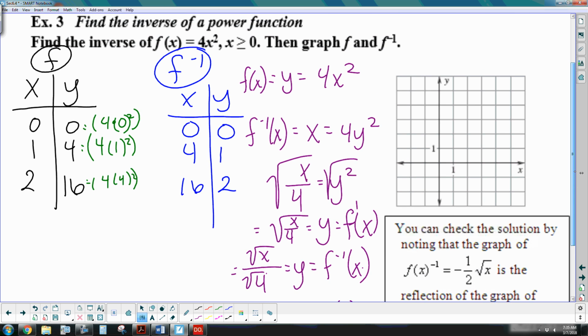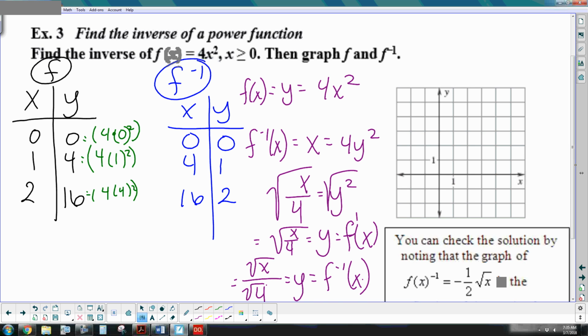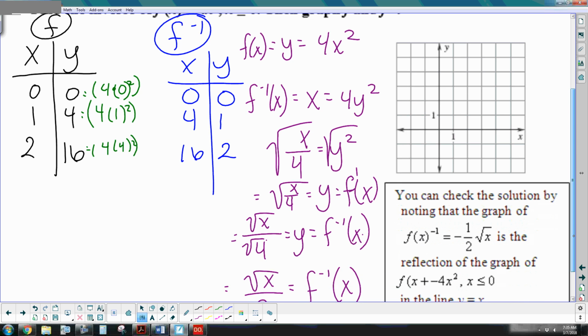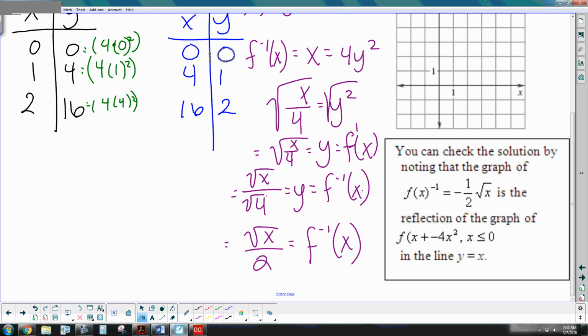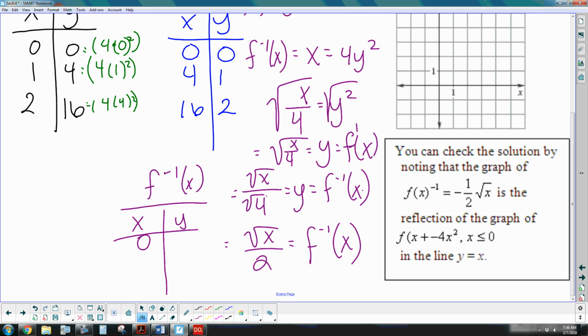So now we need to graph these two functions. We can just double check the coordinates for the inverse function. We're going to substitute x values in, and let's start with 0 because our domain says that it has to be greater than or equal to 0.